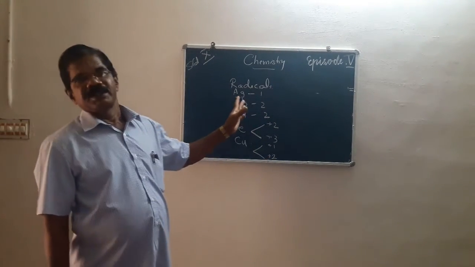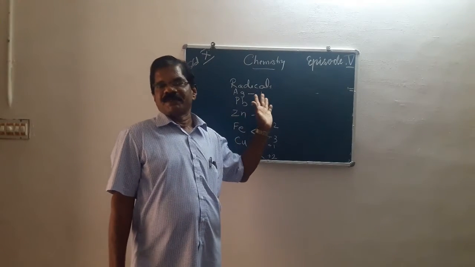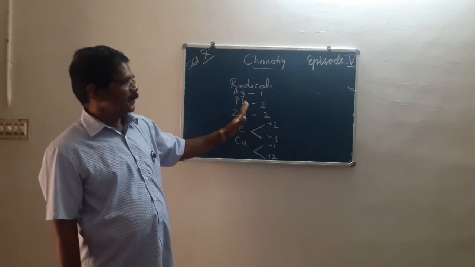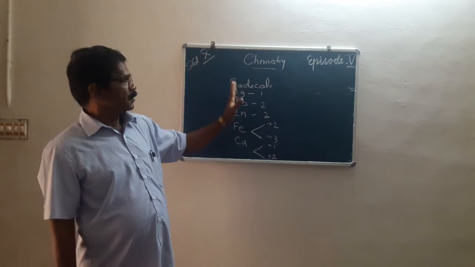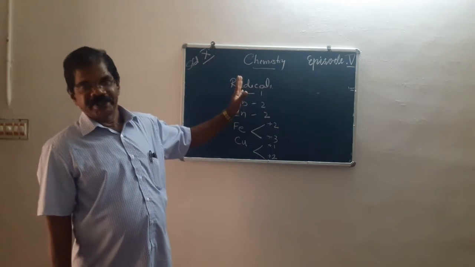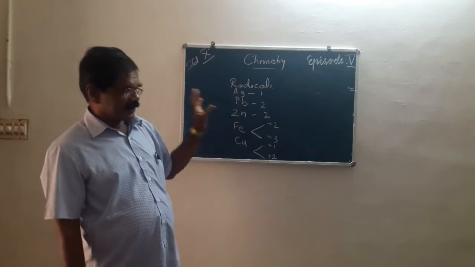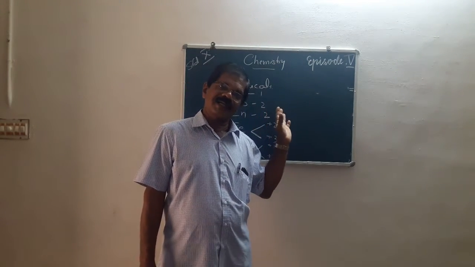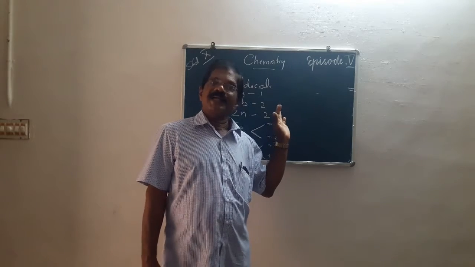So keep in your mind the valencies of these transition elements. Then only can you write the ordinary compounds in your textbook. If you write the chemical formula of the compounds correctly, you can easily balance the equation.